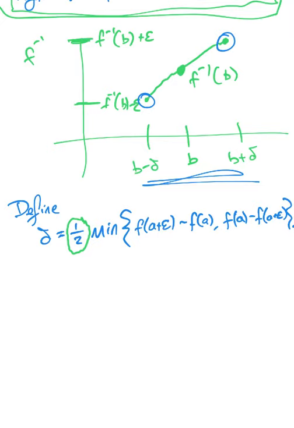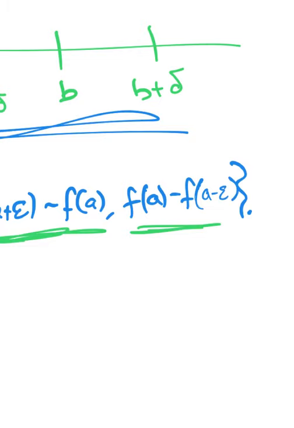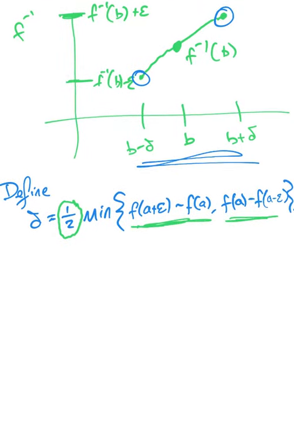But the real point is that we want delta to be smaller than the difference between f of a plus epsilon, remember epsilon was given to us, and f of a, and the difference between f of a and f of a minus epsilon, oops, that should be a minus epsilon in there.